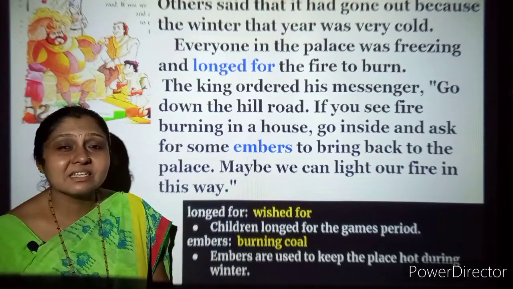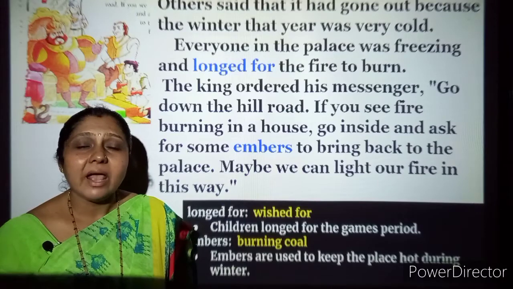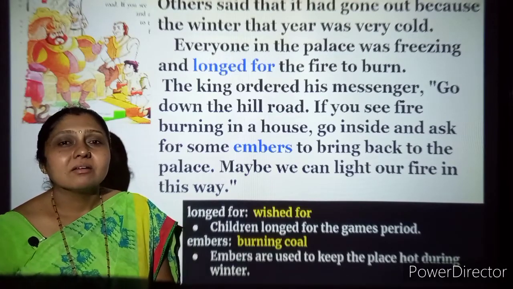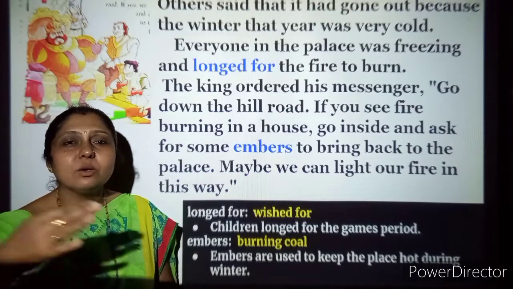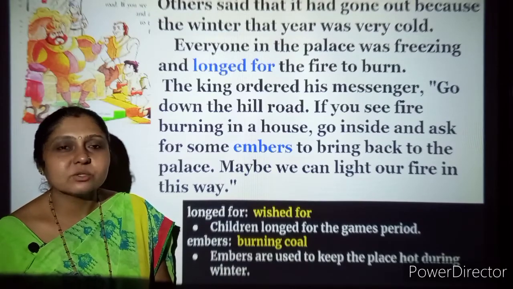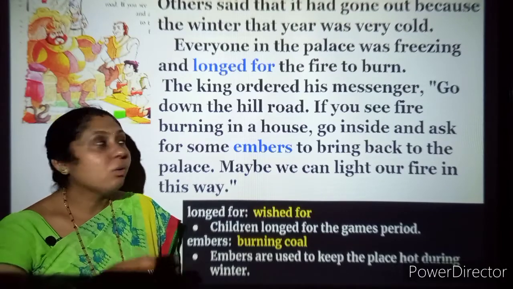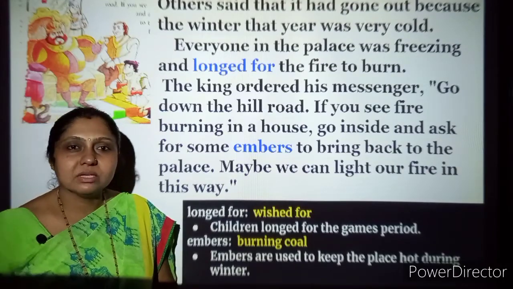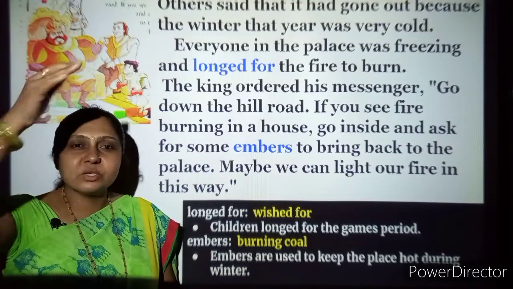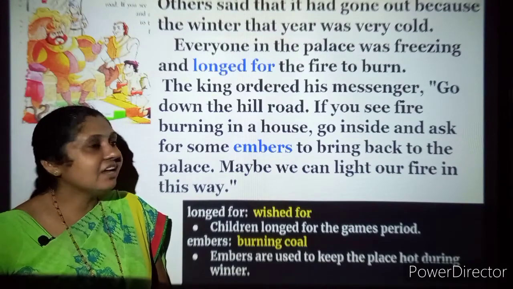He calls the messenger. A messenger is a person in the palace through whom the king goes on sending messages. So he is a messenger there. So what did the king tell? He tells, go down the hill road. The palace is on the hill. So he has to go down to the village nearby.